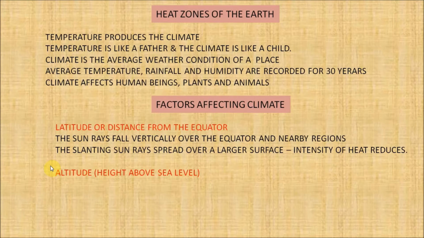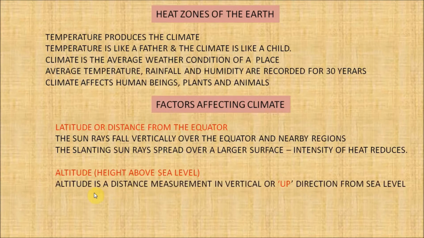Now let's see another factor, that is altitude, height above sea level. Altitude is a distance measurement in the vertical or up direction from the sea level. The higher we go, the cooler it becomes. So the places at higher altitude are cooler than the places located at lower altitudes.